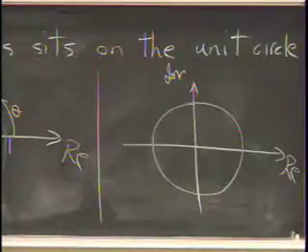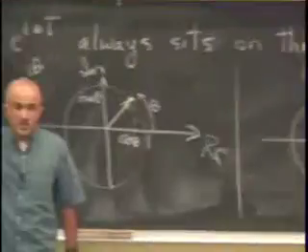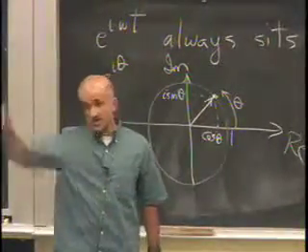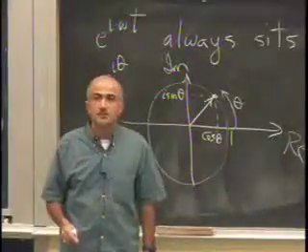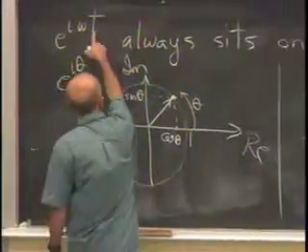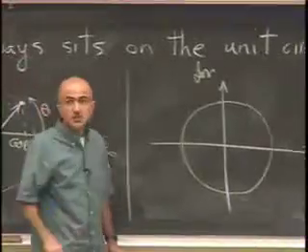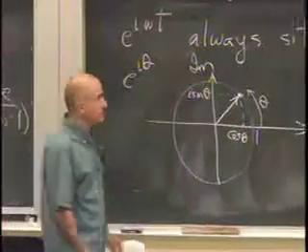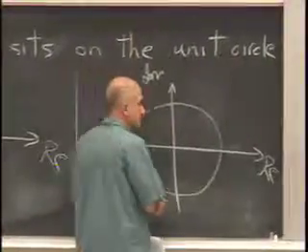E to the I omega t, you can think of as the position of a particle in the complex plane. And this particle moves as time goes forward or backward. So as time moves, as t varies, this particle moves. Where is it restricted to live? On the unit circle.